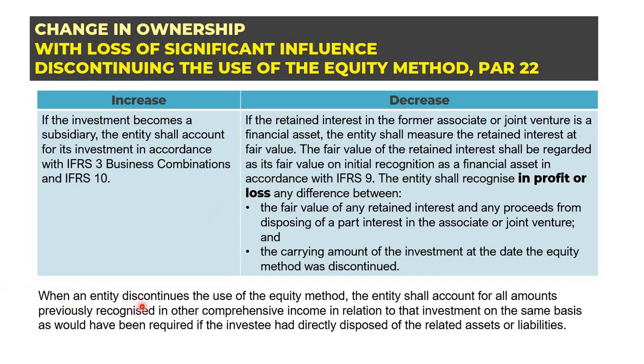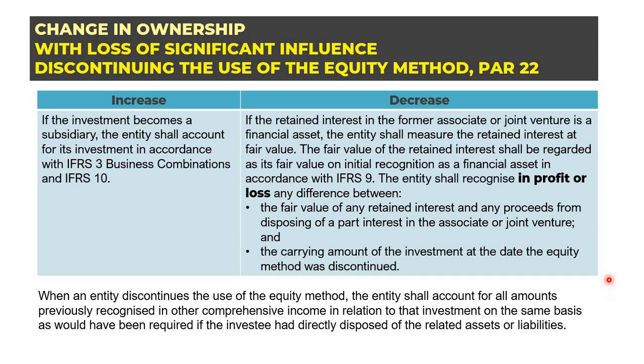Tapos, when an entity discontinues the use of equity method, the entity shall account for all amounts previously recognized in other comprehensive income in relation to that investment on the same basis as would have been required if the investee had directly disposed of the related assets or liabilities.